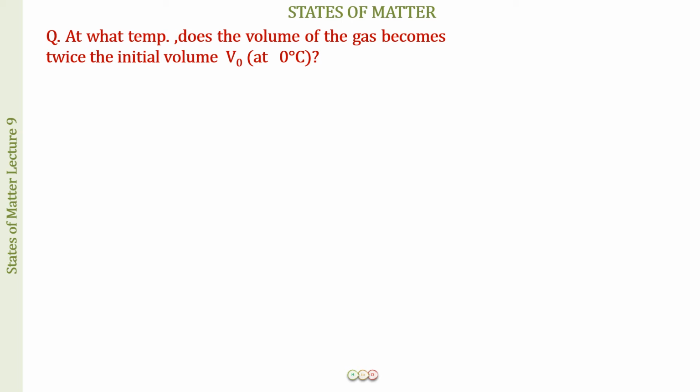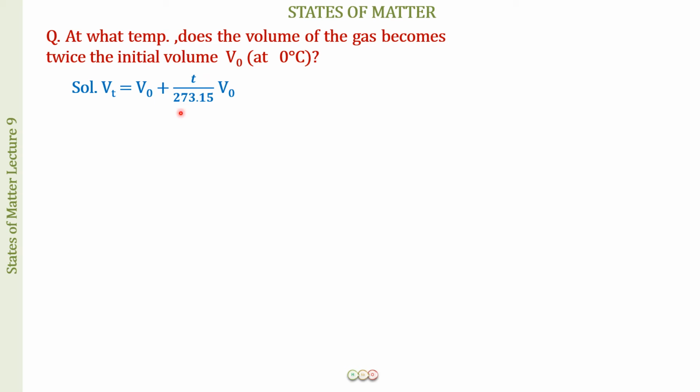So you now know the equation for the Charles law, that is Vt equal to V0 plus T by 273.15 of V0, right? So what you can do is put this as 2 V0 and find out the value of T. But even if you don't do that, it is going to be very simple for you to understand that what we want is Vt to be equal to 2 V0, right? So V0 plus V0.